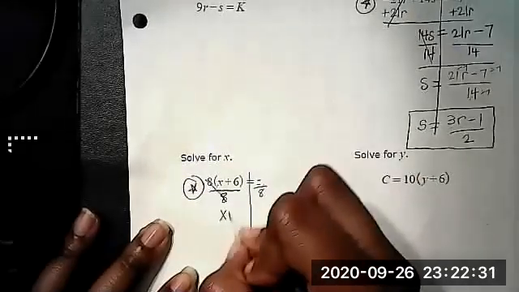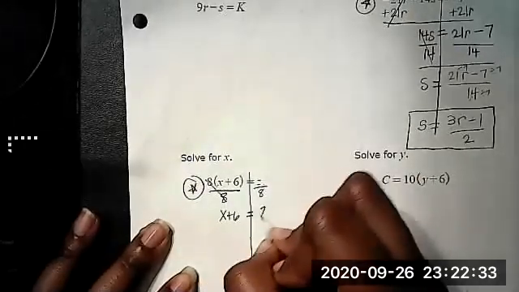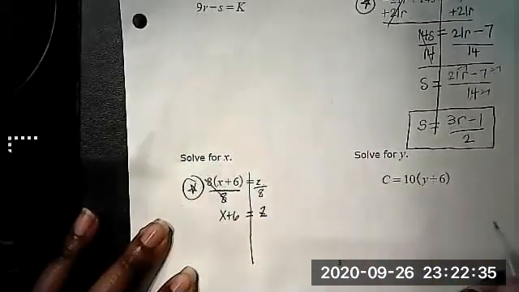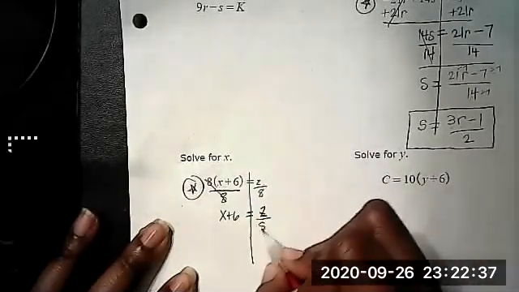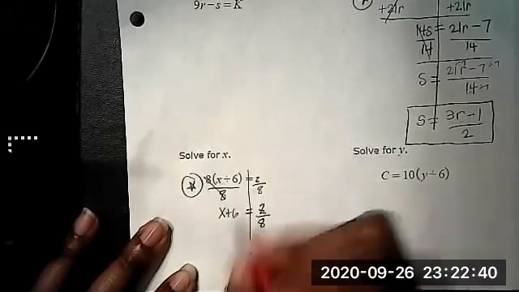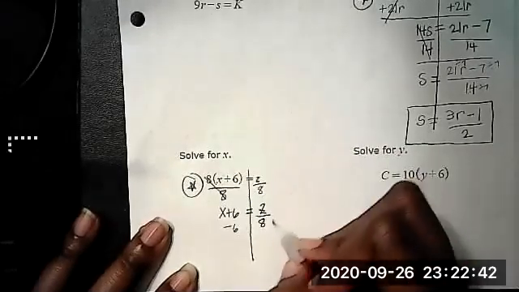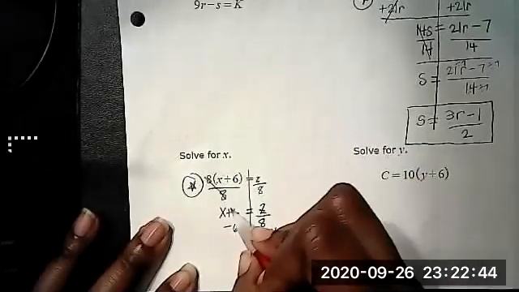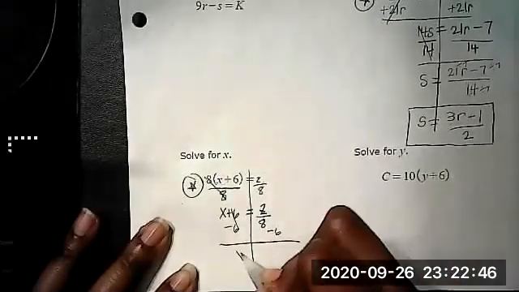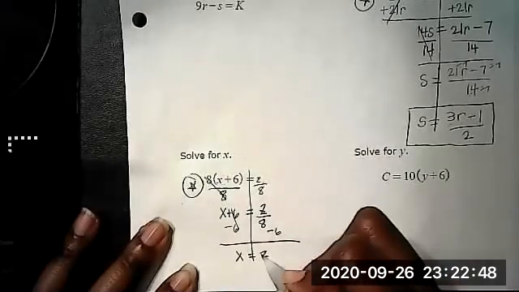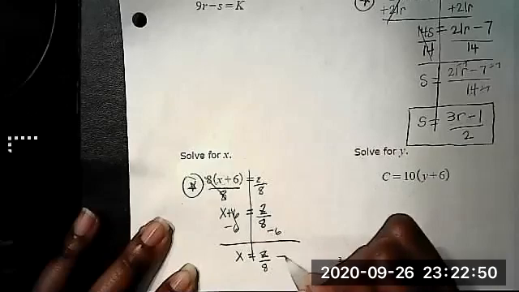So now you have X plus 6 equals Z over 8, okay? And then subtract 6 from both sides. So this becomes X equals Z over 8 minus 6.